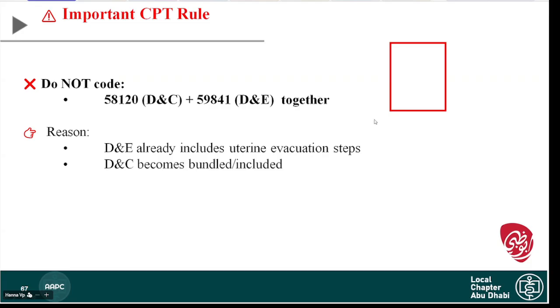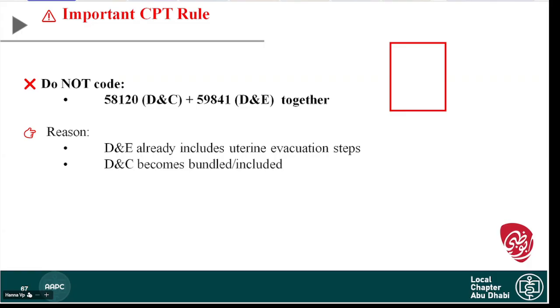What is the meaning of this, guys? Sometimes in the scenario, you can see that doctors start the procedure with a D and C, but at the same time, they are doing D and E also. D and C means dilation and curettage. D and E means dilation and evacuation.